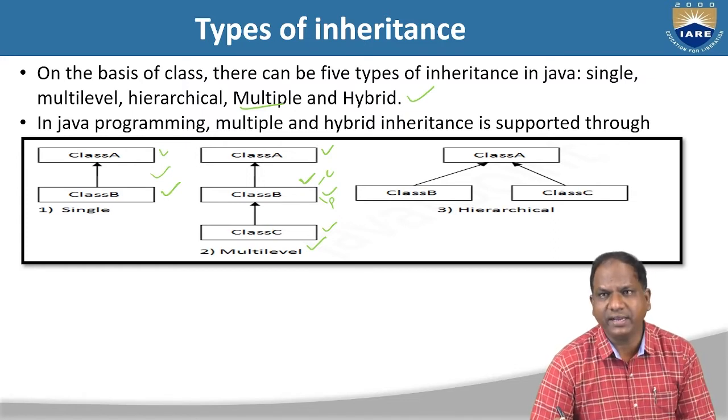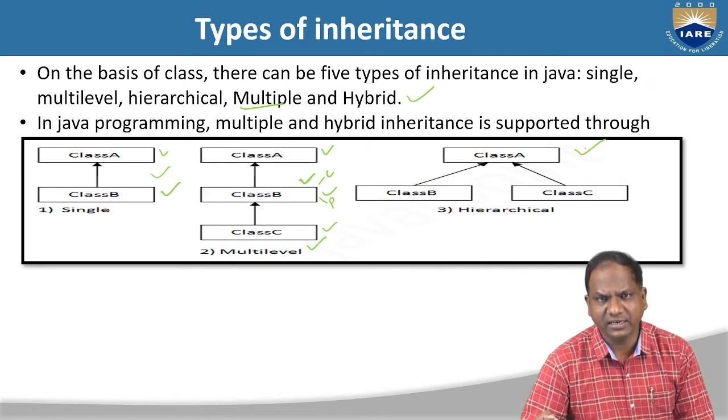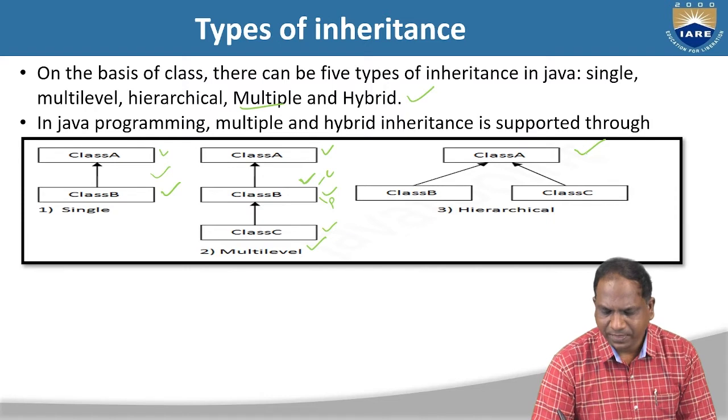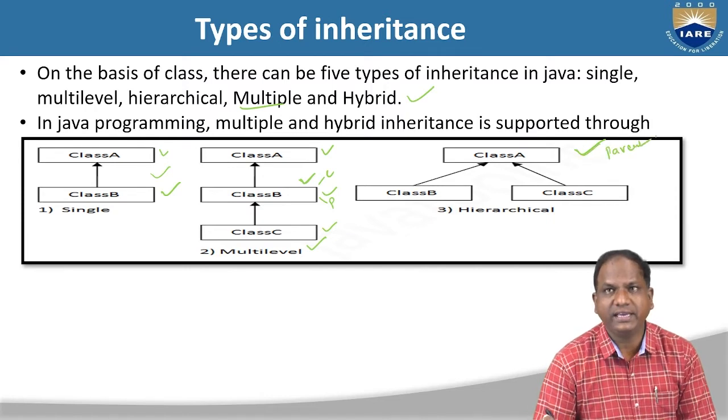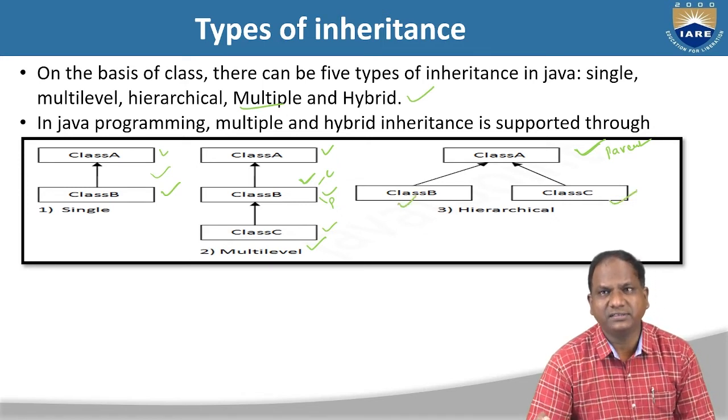Next is hierarchical inheritance. There will be only one single parent class and more than one child class. For example, class A is the parent class, and class B and class C are child classes.